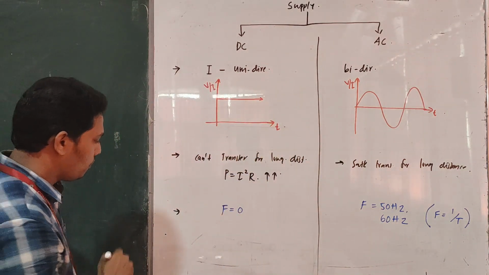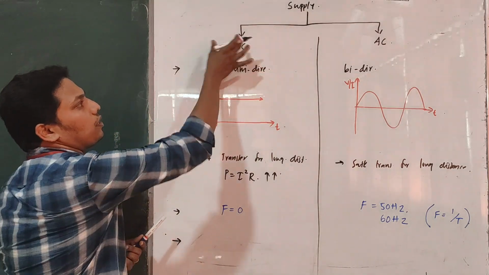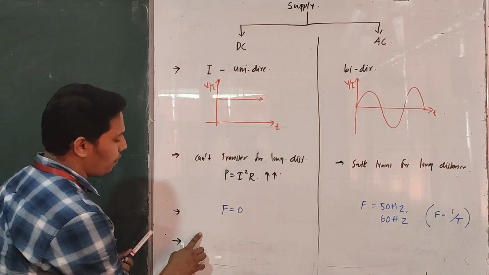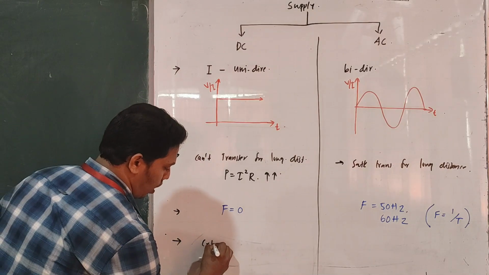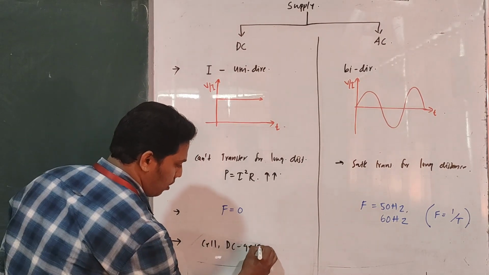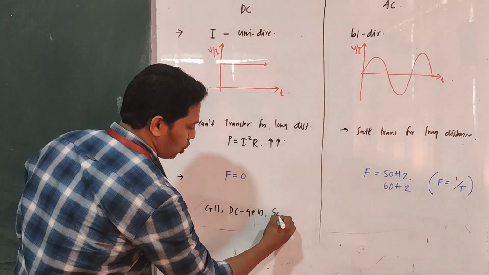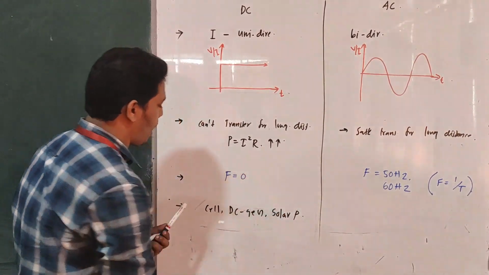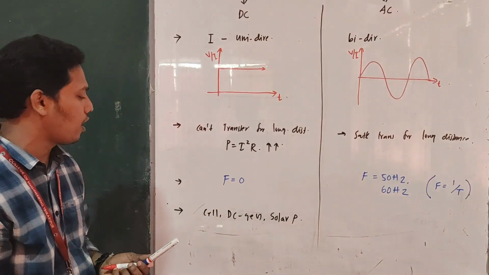The next point: for the production of DC supply, there are three methods. One is a cell or a battery, another is a DC generator, and the last is a renewable energy technique, the solar panel. These are the sources of production of DC current.